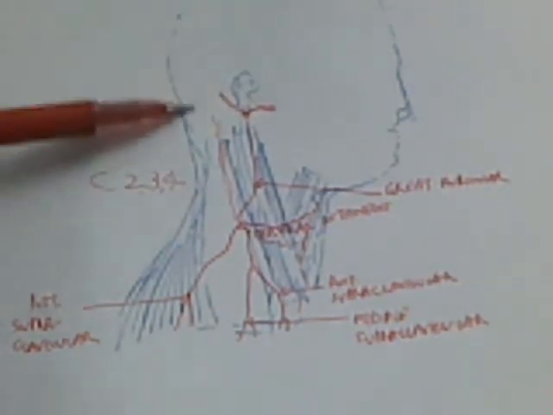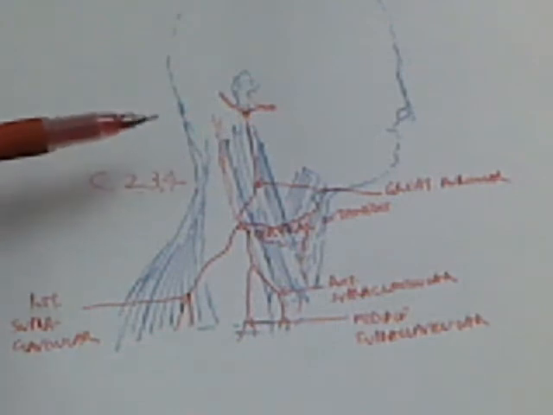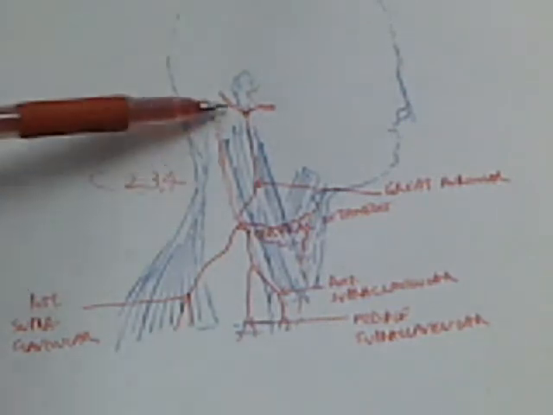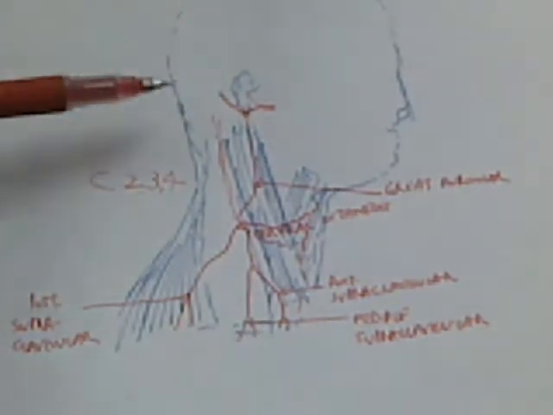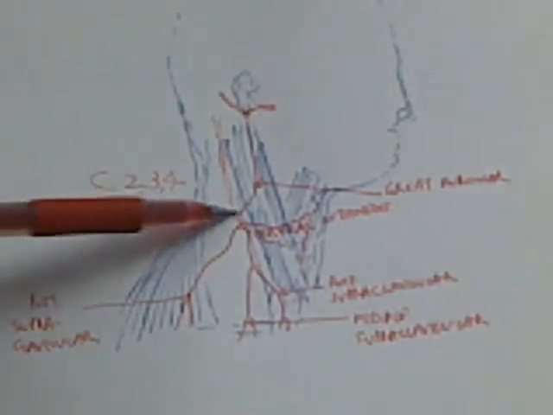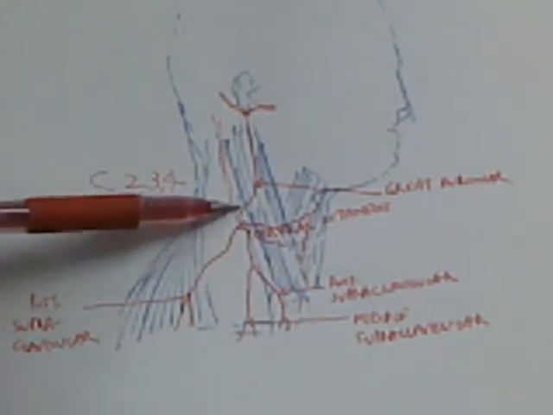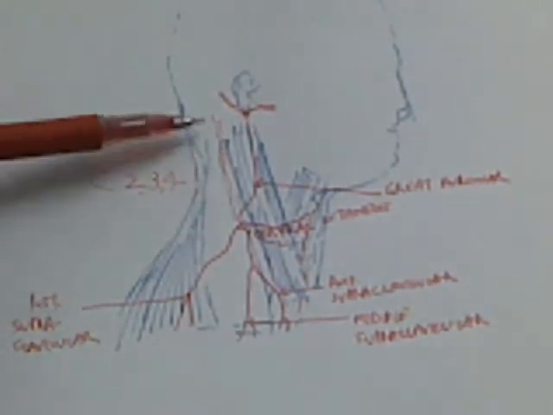So this area of the head behind the ear is being supplied by the lesser occipital nerve. It curves around and ascends along the posterior border of the sternocleidomastoid.